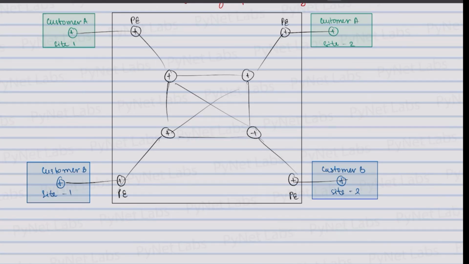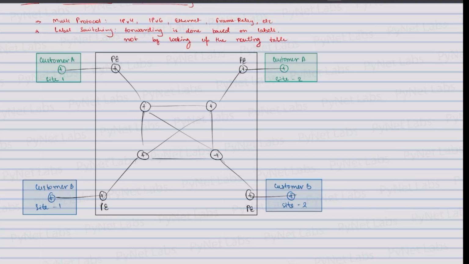The only motive of MPLS is to ensure a BGP free core, where they would otherwise have to forward on the basis of IP. If I talk about receiving a packet from customer A that doesn't require a routing lookup, correct? Then the moment it reaches the provider edge, I start working with MPLS. So again, for forwarding it to this provider router also, I do not need to check the routing table.